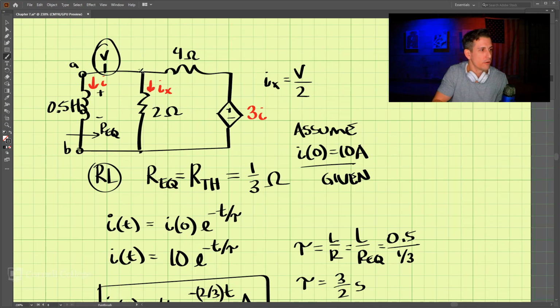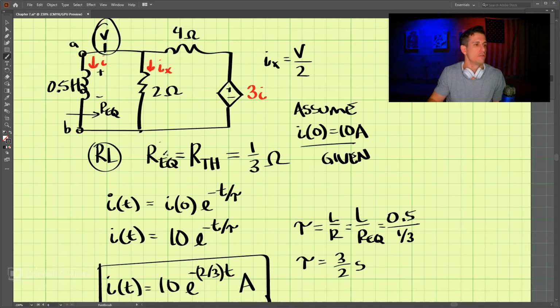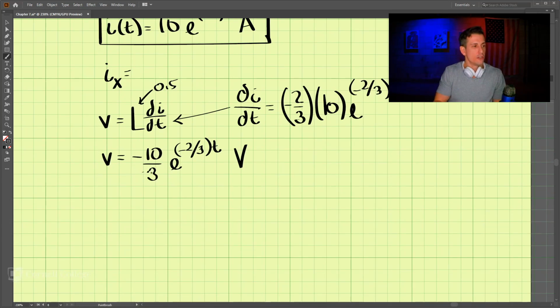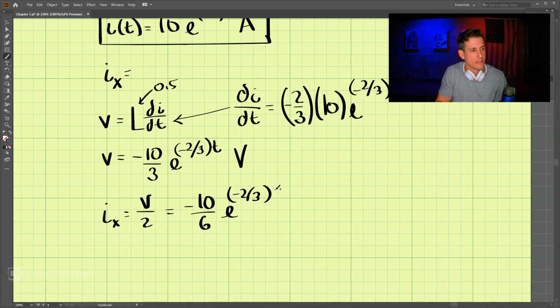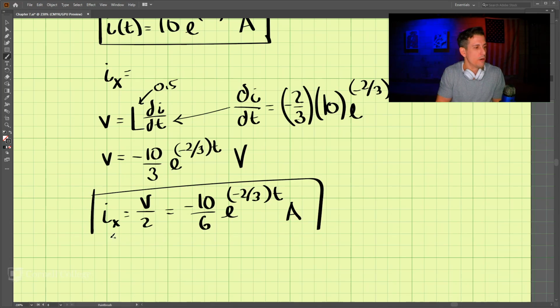So Ix is equal to this divided by 2, which gives us negative 10/6 e to the negative 2/3 times t amps. There we go.